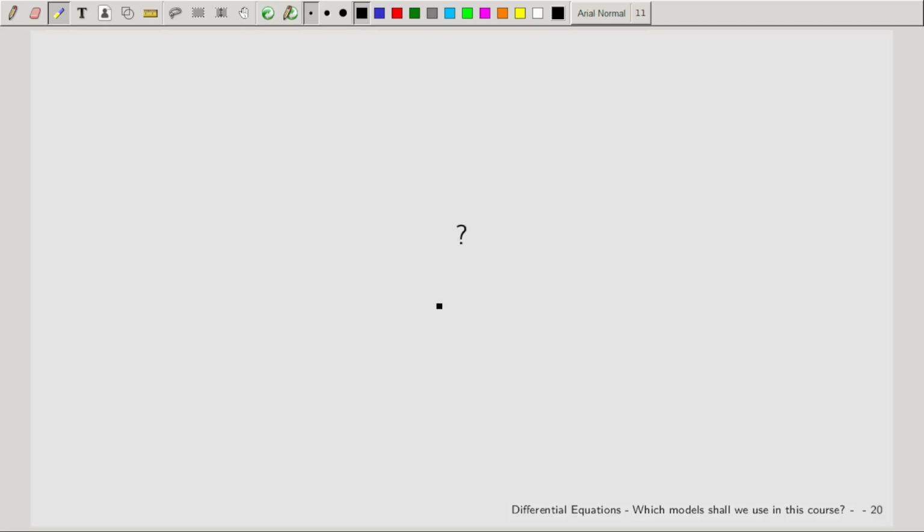Okay, questions about the stuff that we did up to now? The second error you mentioned, what was it? Because I'm not sure if I caught it. So the growth rate is alpha.